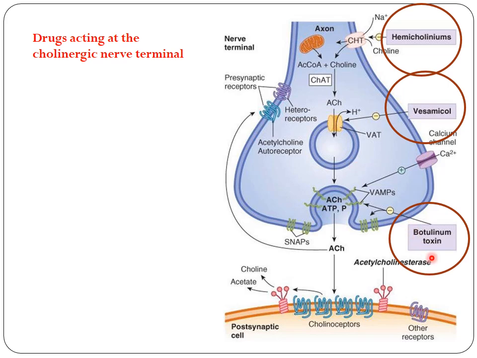We have botulinum toxin that prevents the release of acetylcholine into the synaptic space and causes paralysis. These are centrally acting anticholinergic drugs. By this, we have done with the 4 groups of drugs that affect the autonomic nervous system.